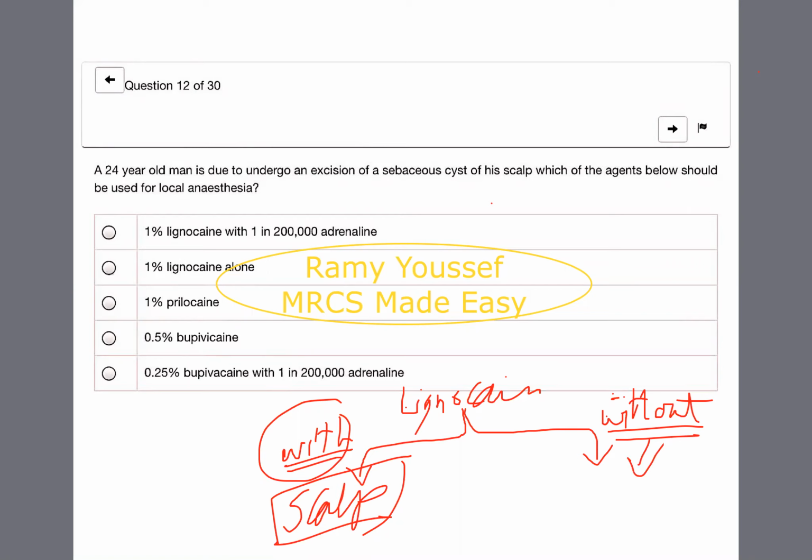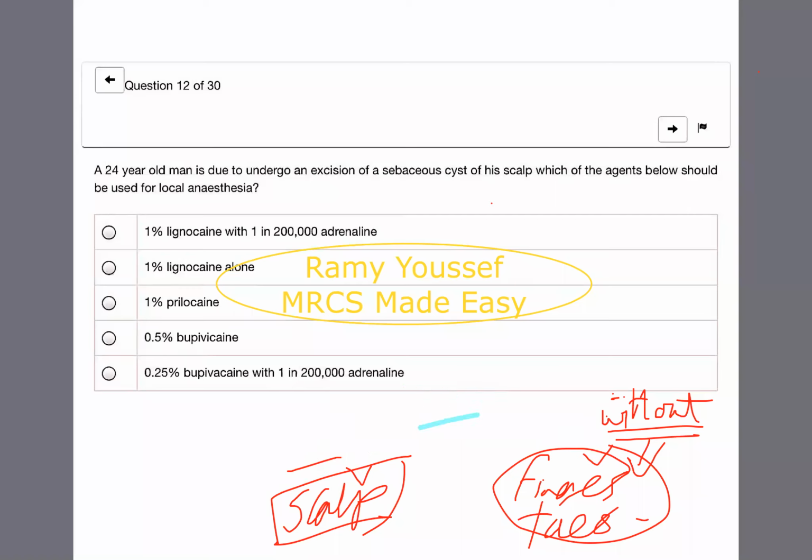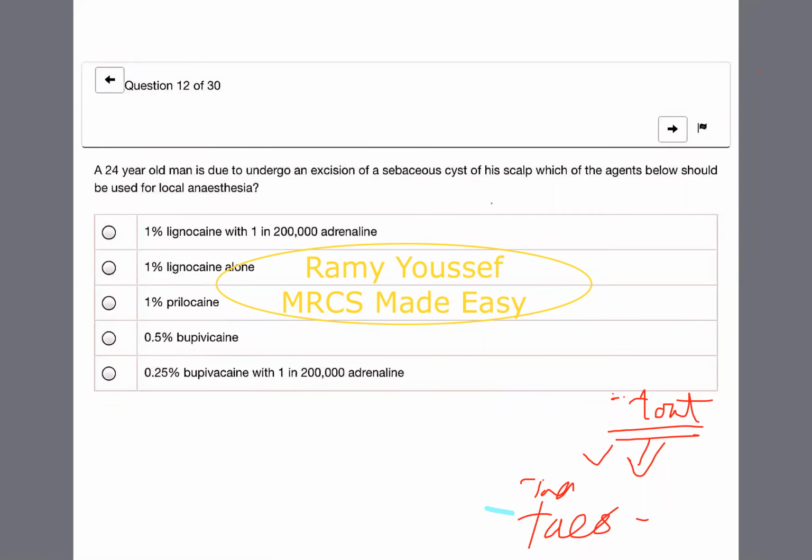Without adrenaline is indicated in organs or extremities like fingers and toes; in extremities, adrenaline is contraindicated.